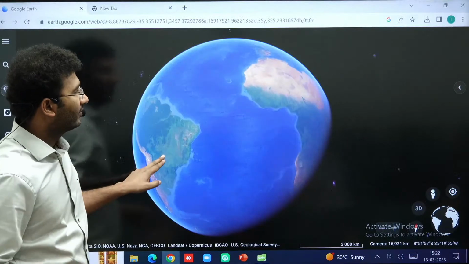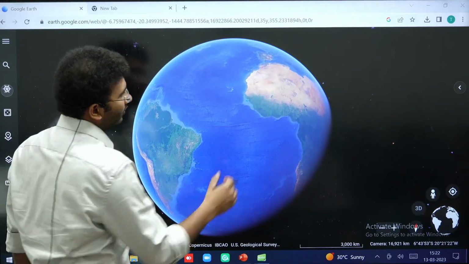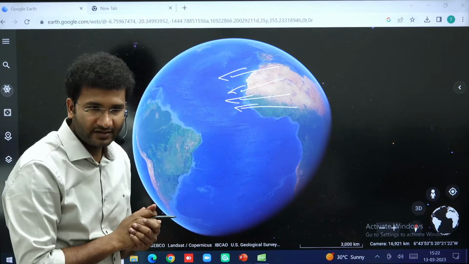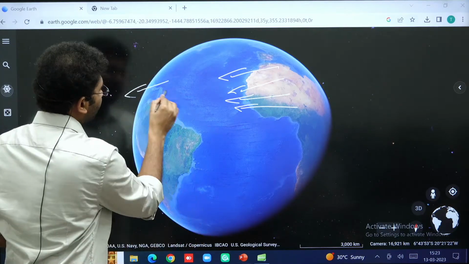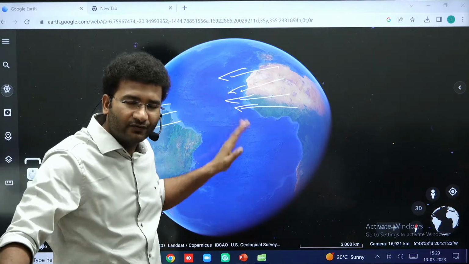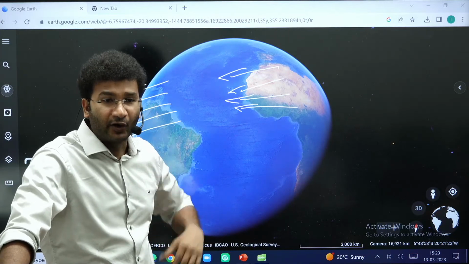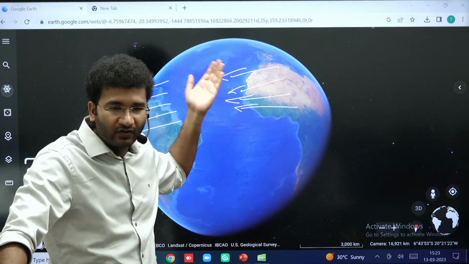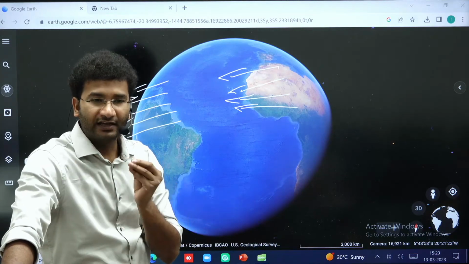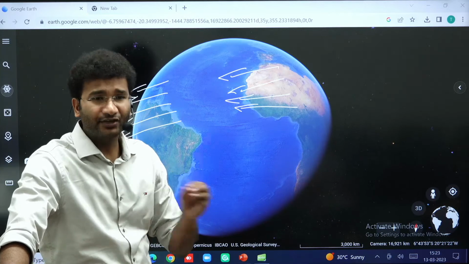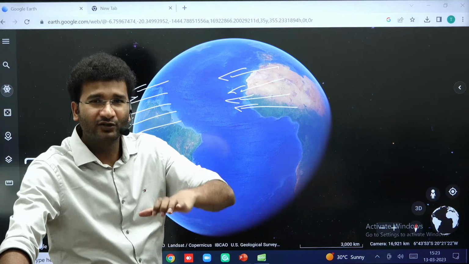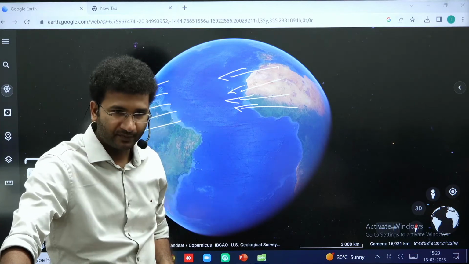Look, in this area, the winds are moving as easterlies, and this is how the direction of the winds is. What is the direction of the movement of the water in this area? They also move along with the wind. Wind plays a vital role in the movement of ocean water. Wind gives friction to that ocean water. Because of that friction, the water also slowly tends to move across the ocean, right?